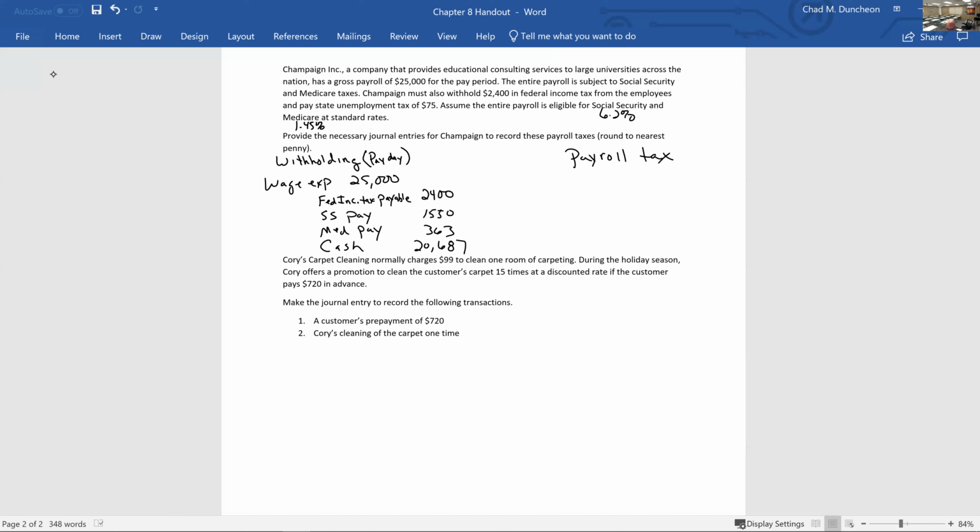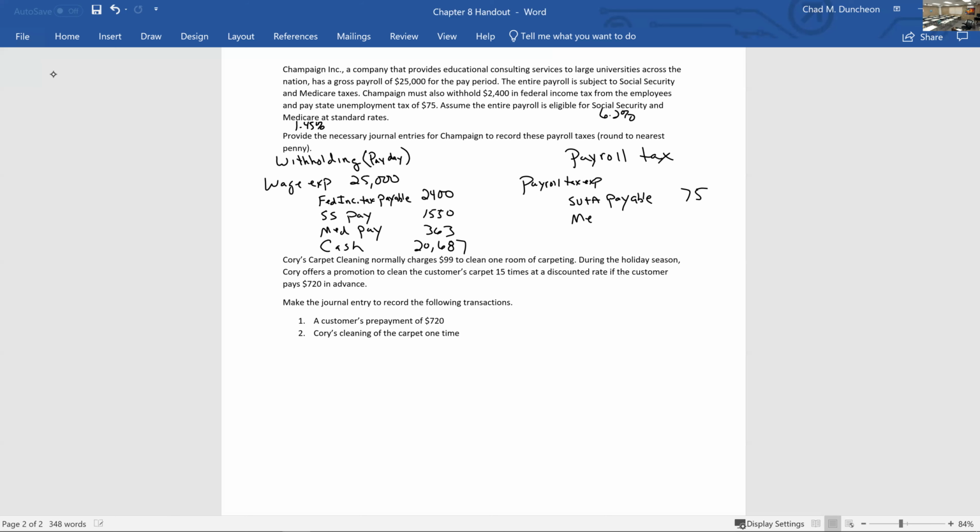So for payroll tax here, we are going to have a payroll tax expense. We don't have to worry about the income tax, but we do have a state unemployment tax, okay? That's the SUTA. State unemployment tax, that is payable at $75.